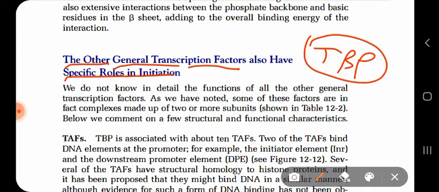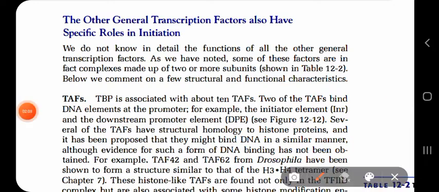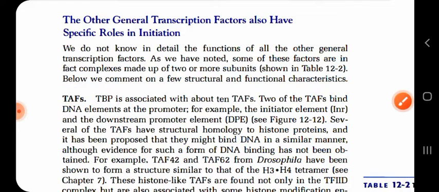So let us discuss the other transcription factors which are given. The first one that we will do is TAF. The full form of TAF is TATA box binding protein associated factor. T refers to the TATA box binding protein, A refers to associated, F refers to factors.